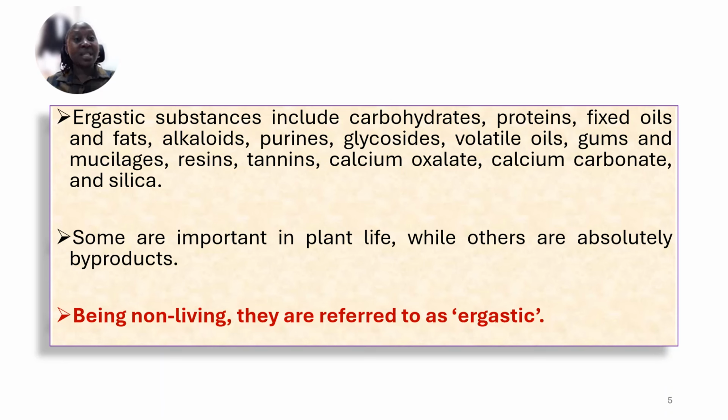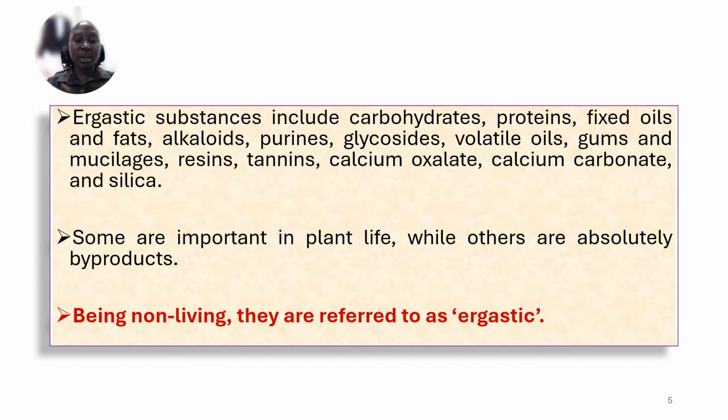So ergastic substances include various components like carbohydrates, protein, fixed oils and fats, alkaloids, purines, glycosides, volatile oils, gums, mucilages, resins, tannins, calcium oxide, calcium carbonate. So in this, we are going to cover a few.